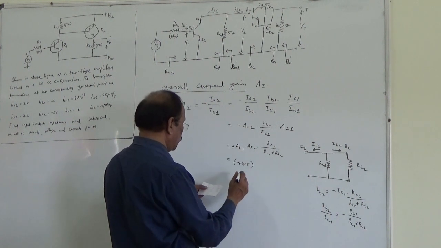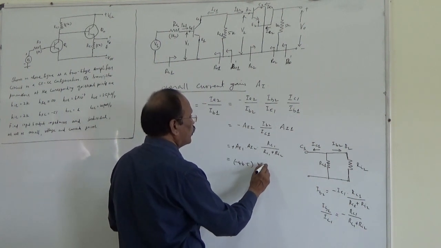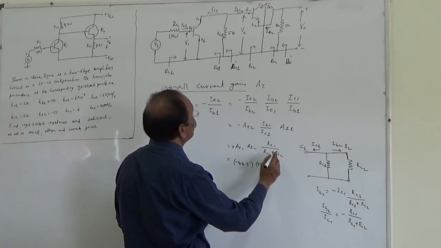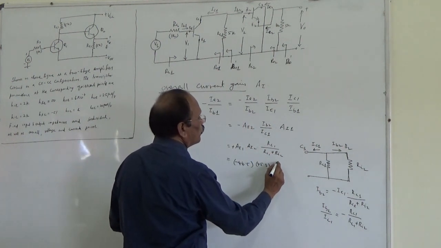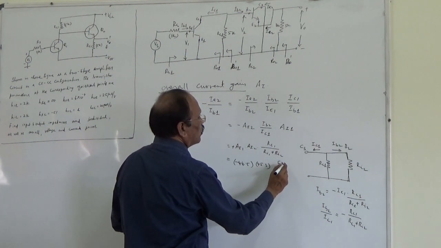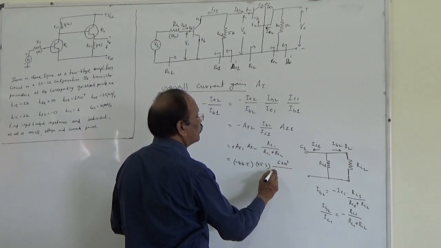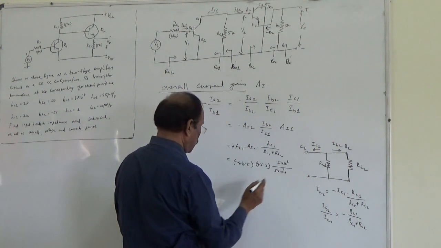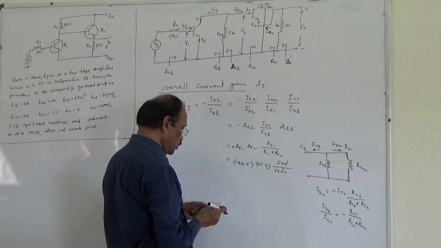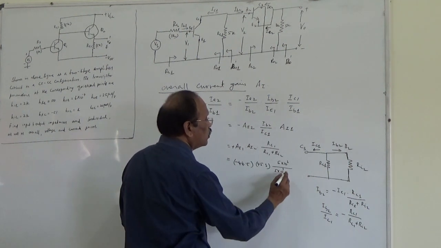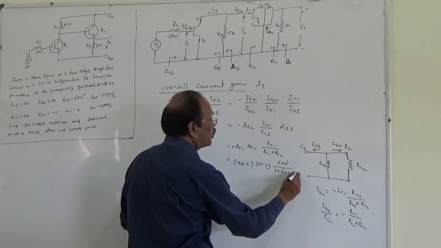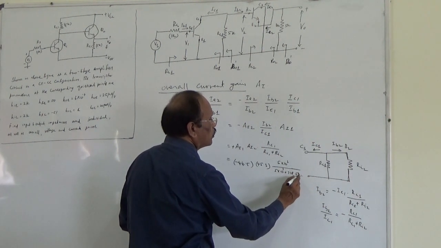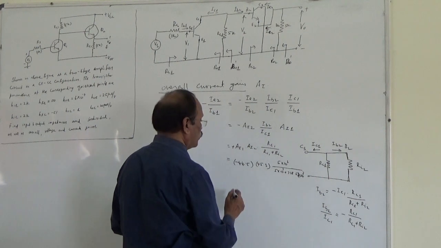AI2 we determined as 45.3, into RC1 is 5K, 5 into 10 power 3, divided by 5 into 10 power 3 plus RI2, 228.5K, into 10 power 3.